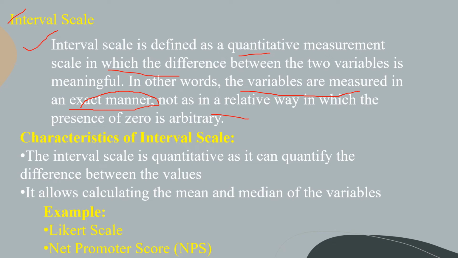Examples of interval scale are Likert scale and Net Promoter Score, NPS. In interval scale, the value is quantitative, we can easily quantify the difference between values, and it allows calculating the mean and median of the variables. If we are able to find the difference between two values, then definitely we can compute the mean and median.